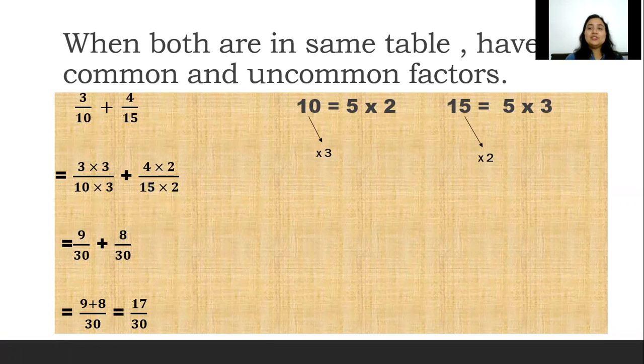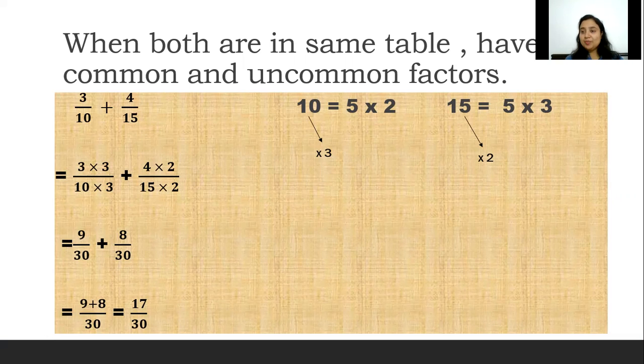Right? So those who are feeling good with the common division method can do it with the common division method and try to find the LCM. Those who have forgotten how to find the LCM, there are some other ways also. You can use the factors method or the multiples method to find the LCM. So any which way you can find the LCM, make denominators equal and then add the numerators.